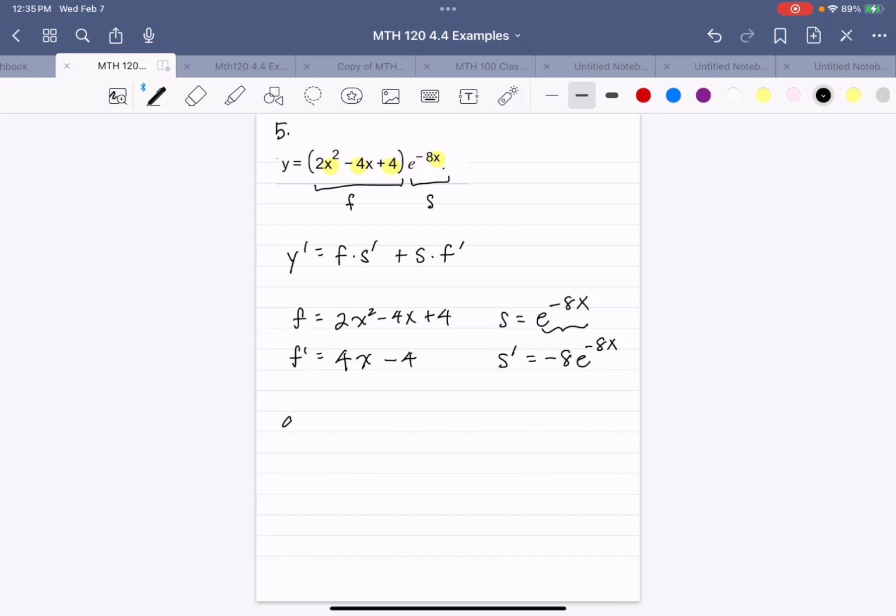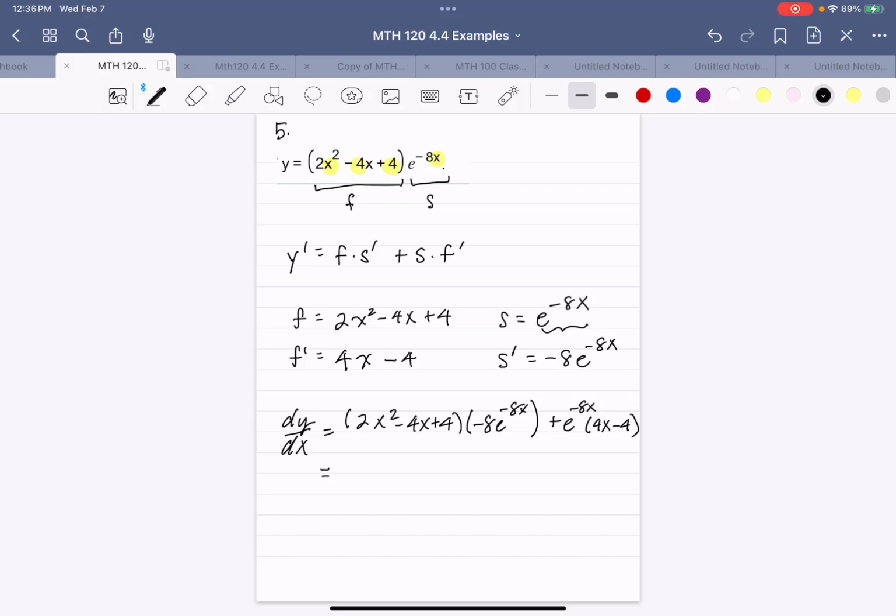So my dy dx, or y prime, is the first, that's that whole polynomial, times the derivative of the second, that's the negative 8 e to the negative 8x, plus the second, e to the negative 8x, times the derivative of the first, 4x minus 4.